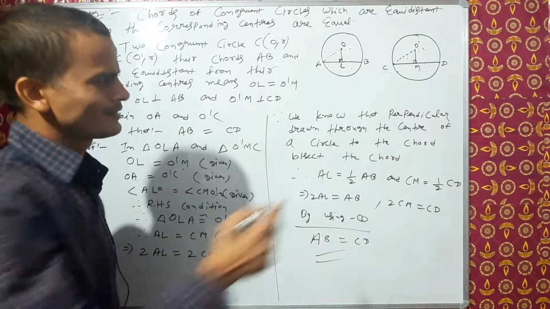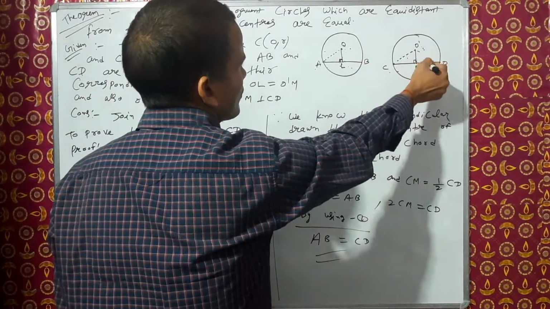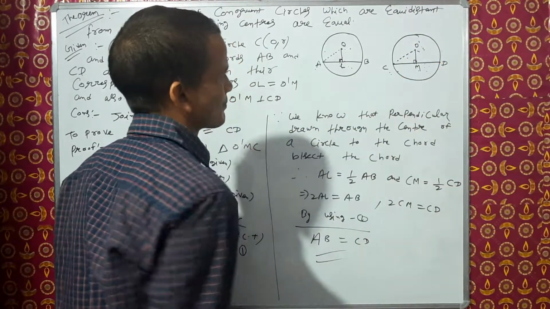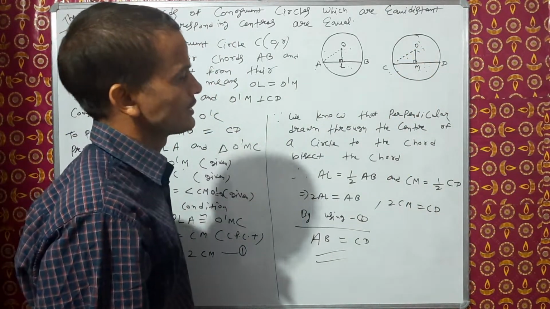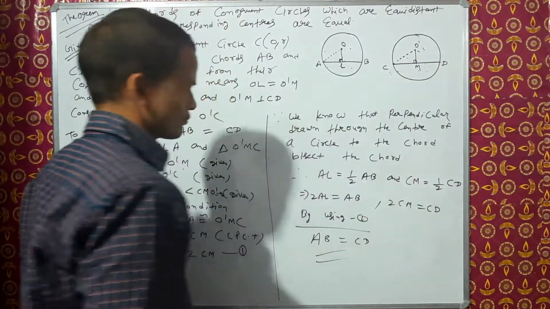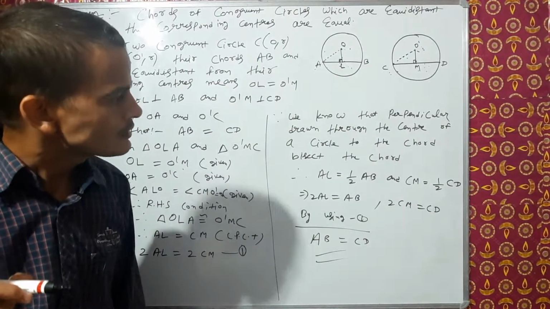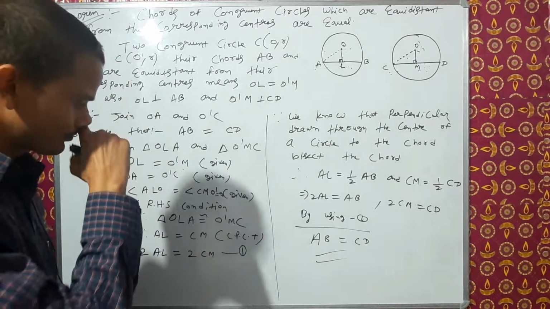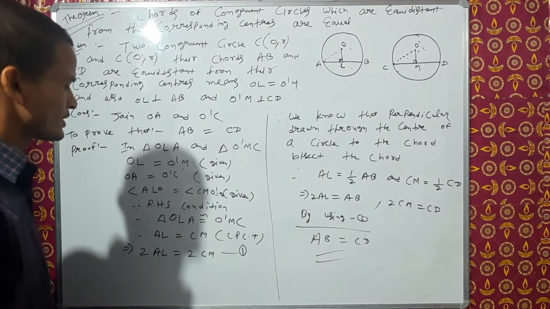In triangle O dash MC, CM is the base, O dash M is the perpendicular, and O dash C is the hypotenuse. So both triangles are congruent by the right angle, hypotenuse, side (RHS) congruence condition.